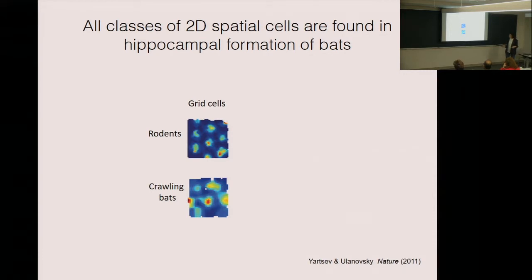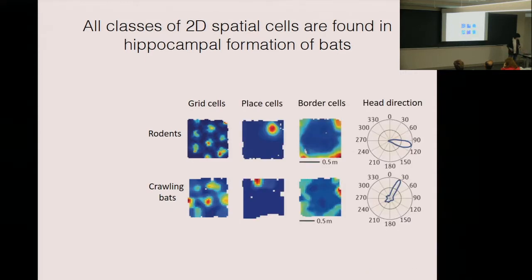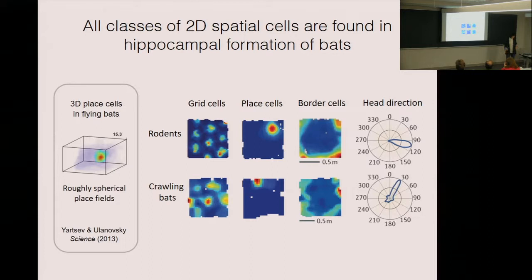The lab has shown that the grid cells in crawling bats are comparable to the ones seen in rodents, and the rest of the spatial cells found in the rodent brain are also found in crawling bats: place cells, border cells, and head direction cells. Also, the lab has shown that in bats flying in 3D, there are 3D place cells, and they are roughly spherical in shape.